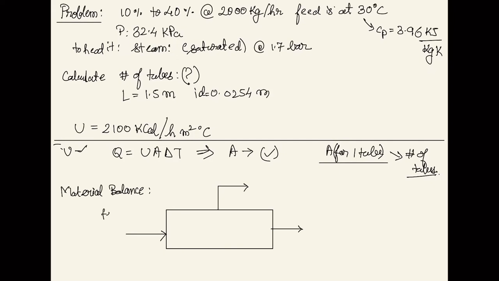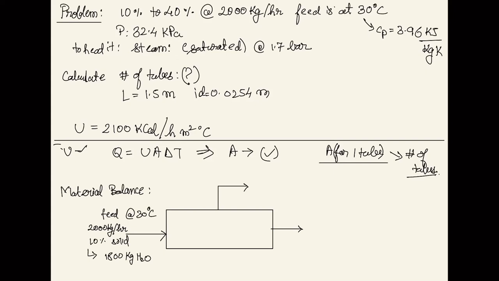So we can simply write feed at 30 degrees Celsius, flow rate 2000 kg per hour, which has 10% of some solid. That implies 10% of 2000 is 200 kg solids, so 1800 kg water.